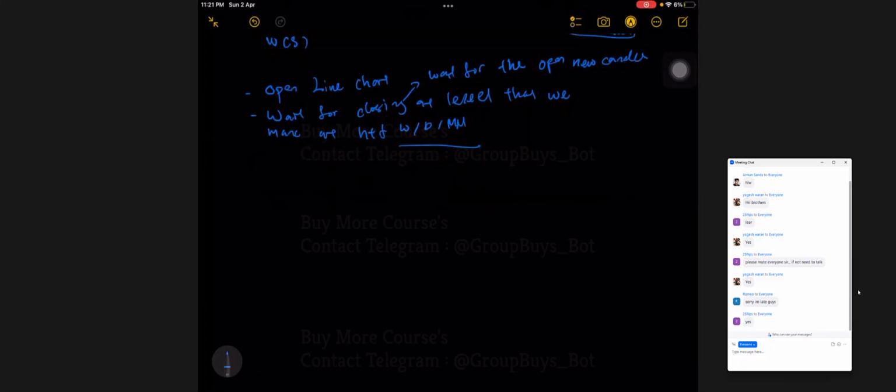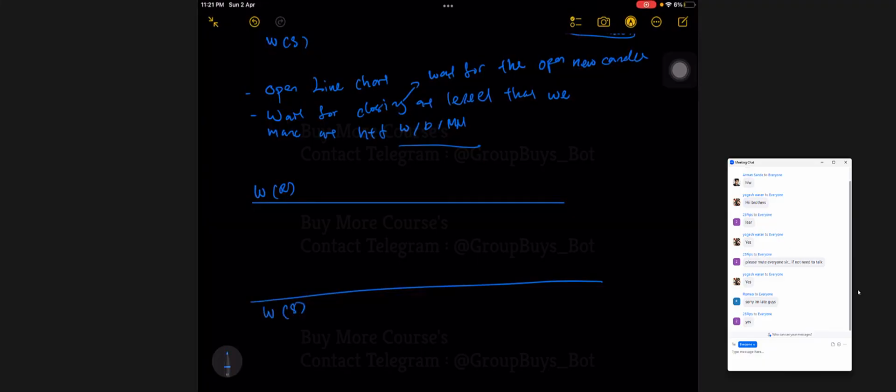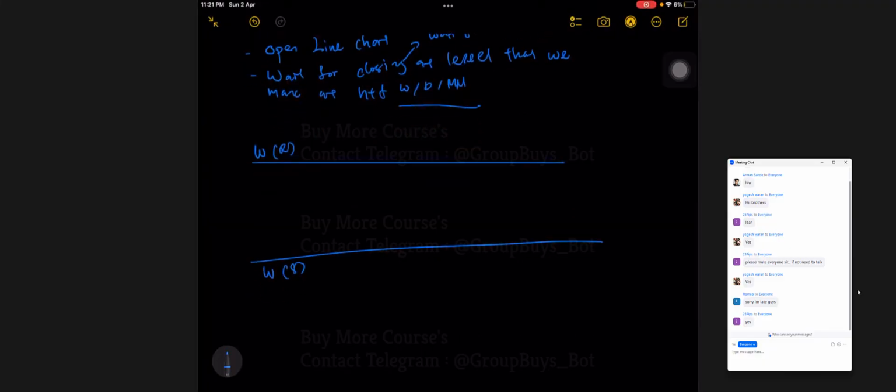For example, weekly resistance, weekly support. If weekly support goes to weekly resistance, what should we do?